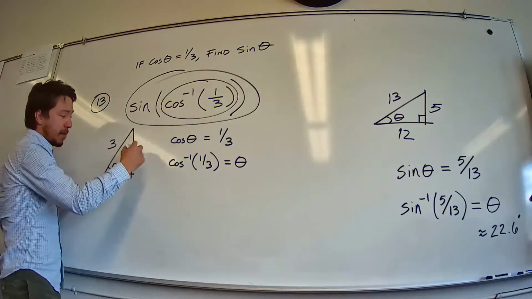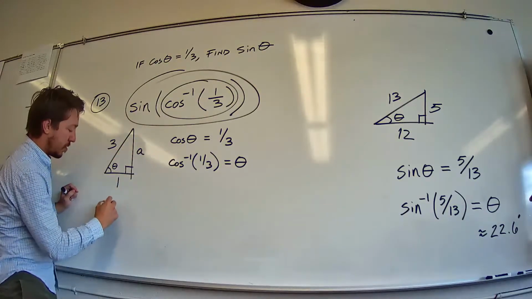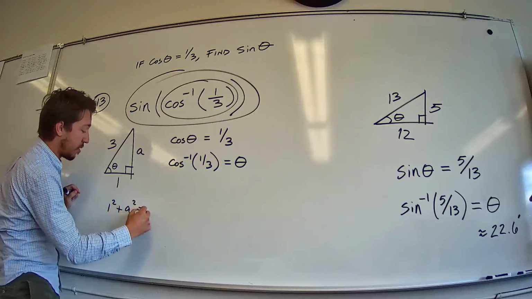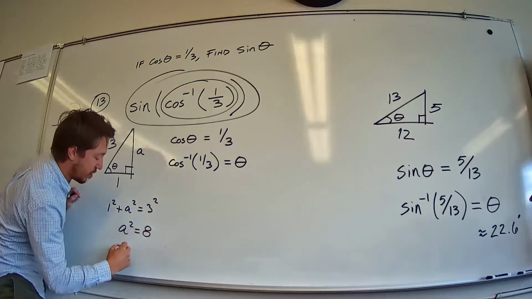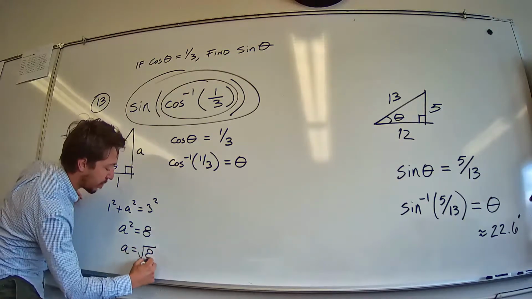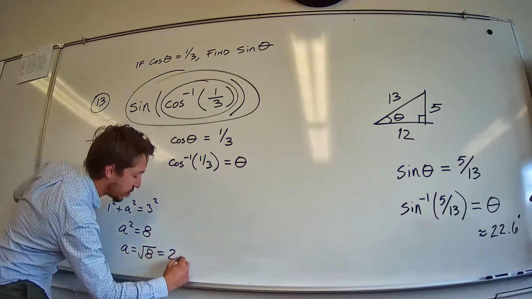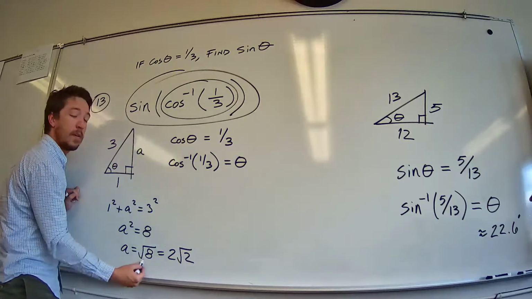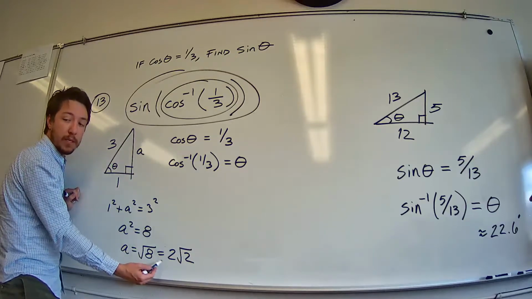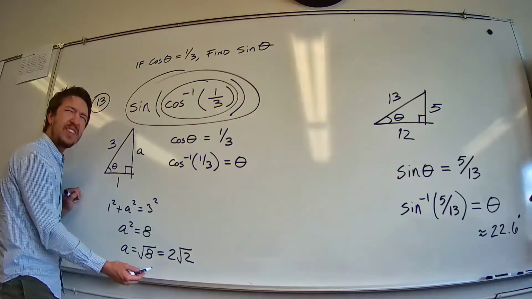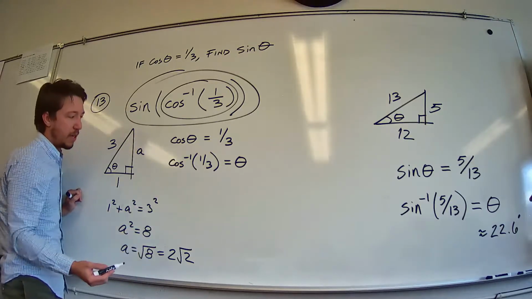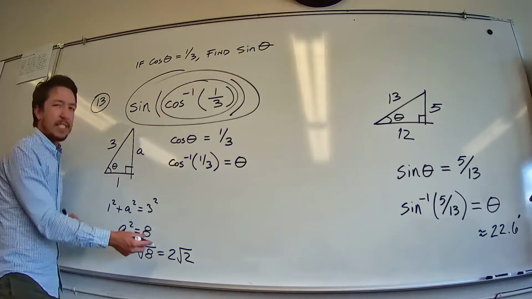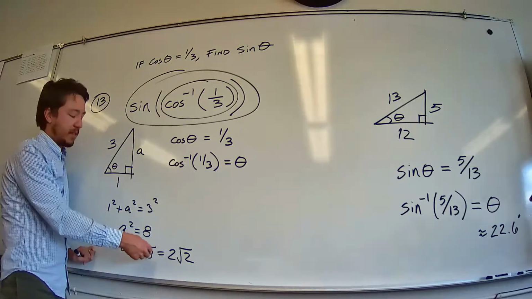So Pythagorean theorem, I'm going to call this a temporarily. 1 squared plus a squared equals 3 squared. A squared is 8, so a is the square root of 8, which you can simplify to 2 root 2. Is everyone okay with this? Maybe it's been a while since you did that. Have we done that in this class? A couple times, especially with quadratic formula type stuff.